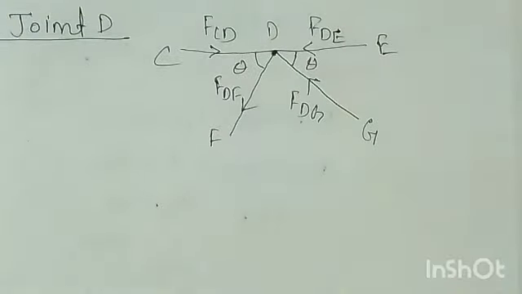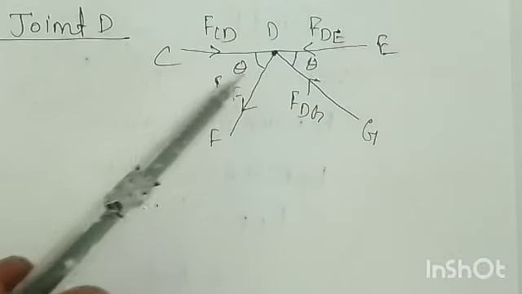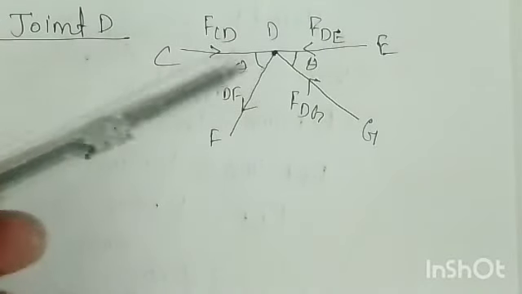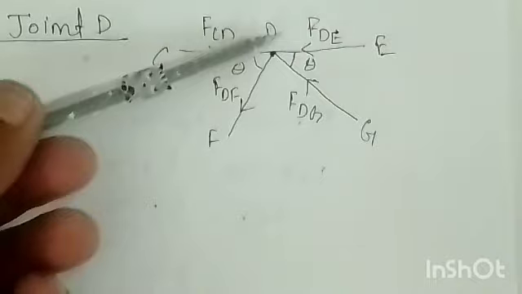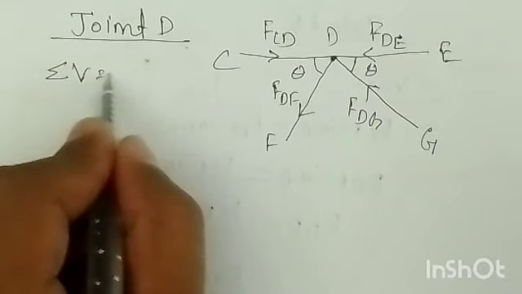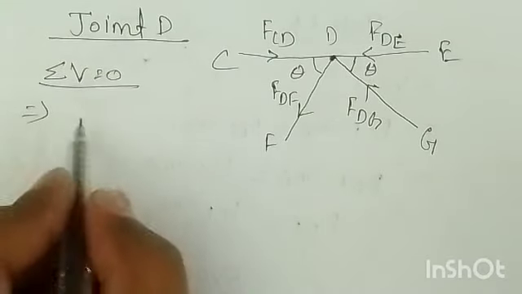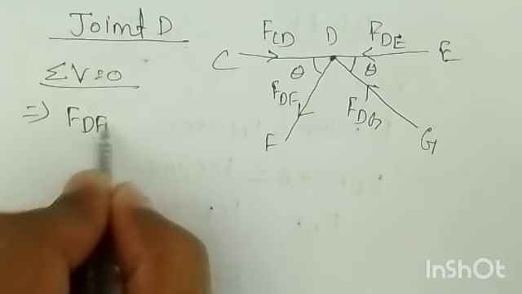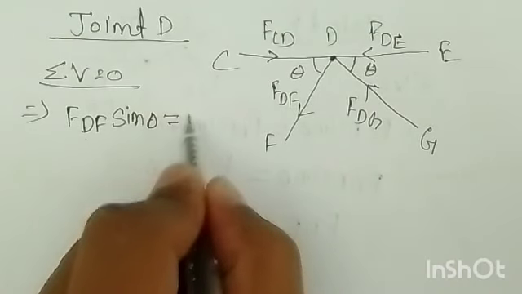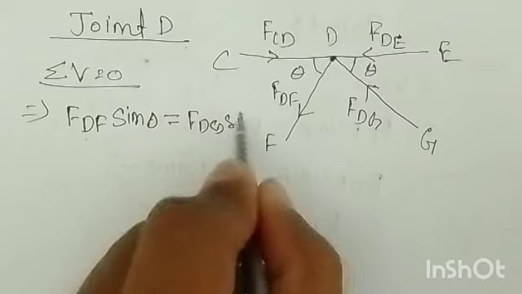So again you can say summation V and summation H is equal to 0. What about vertical? Its vertical components are FDF vertical component and FDG vertical component. This arrow is away from D and this is towards D, so one goes vertically up and the other goes vertically down. So summation of V is equal to 0 gives FDF sine theta is equal to FDG sine theta, right.